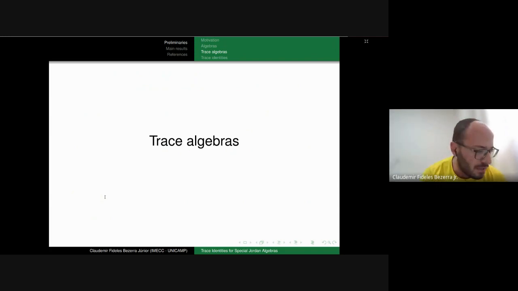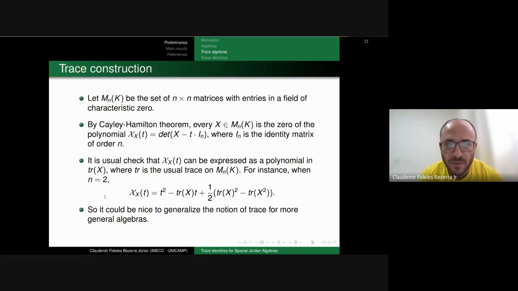Okay. Now I will talk about trace algebras. The simple example of a trace algebra is the matrix algebra. We consider the matrix algebra with entries in a field of characteristic 0.